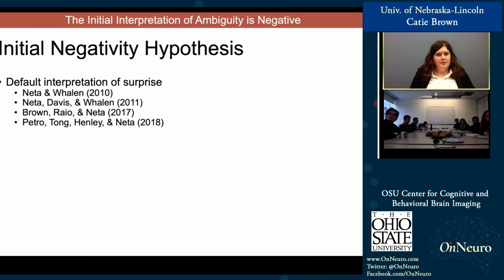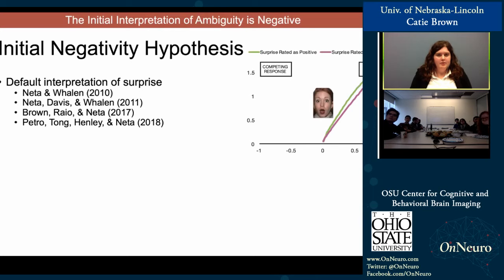We propose that positivity isn't just random, that it requires some effort because the default option is to resort to the negative. For example, on a button press task, reaction times are faster when you rate surprise as negative versus as positive. And when we use mouse tracking, we see that people show a more direct trajectory when they rate surprise as negative.